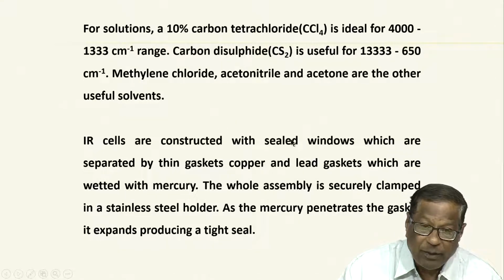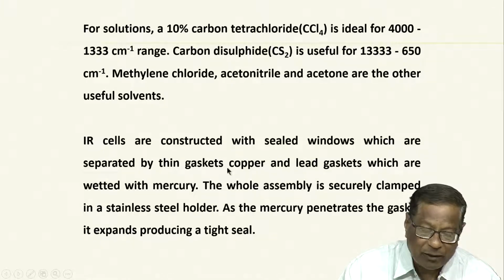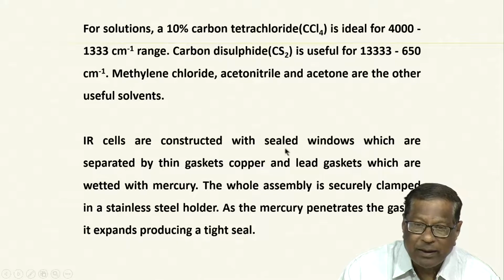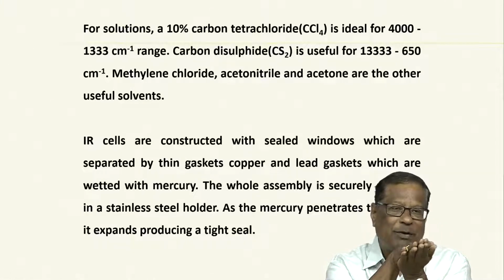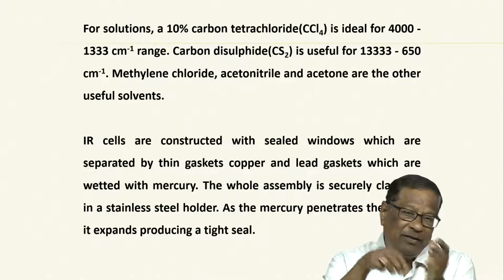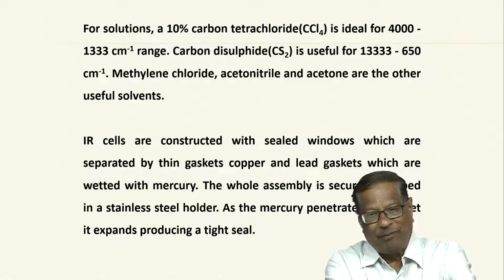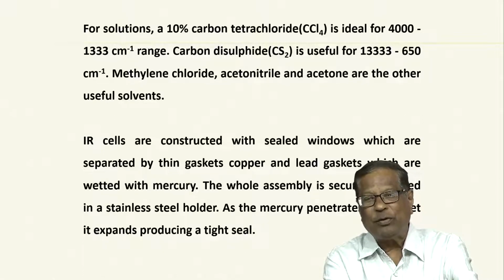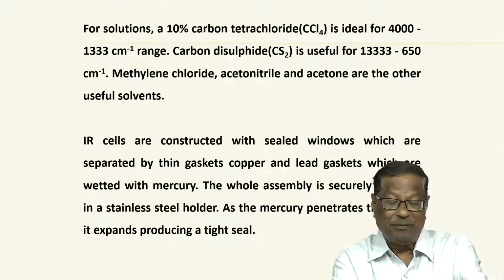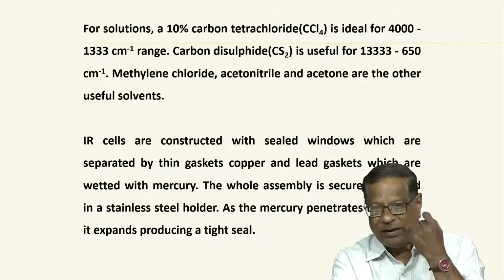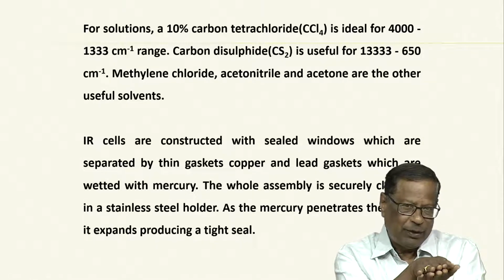Normally, IR cells are constructed with sealed windows, which I had already explained to you, and in sodium chloride windows, the edges must also be sealed. For that we need gaskets, so the liquid does not ooze out. These gaskets are made of copper or even lead, small thin lead strips put on one plate of sodium chloride.